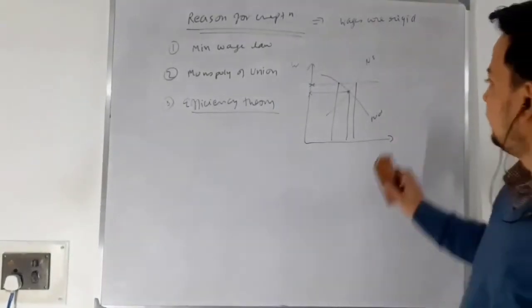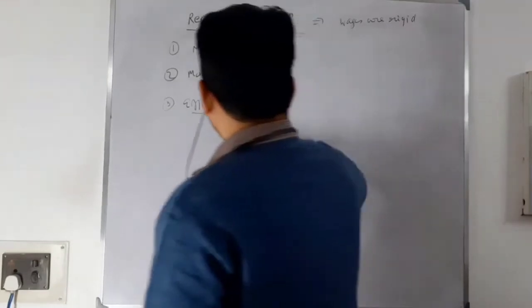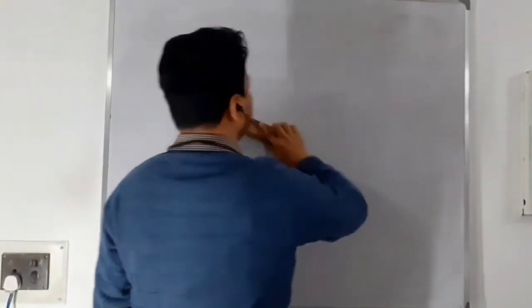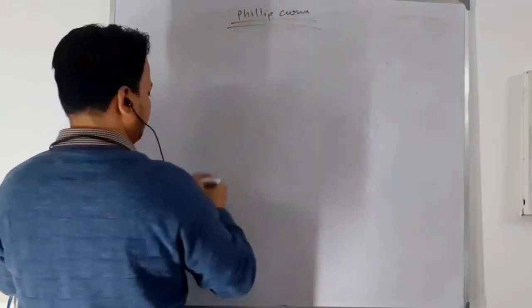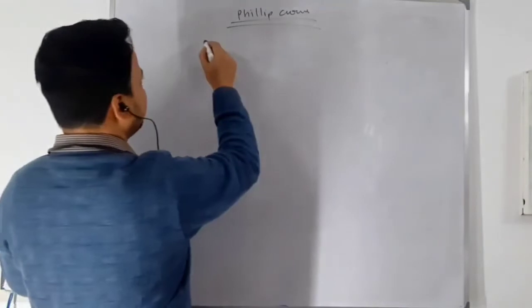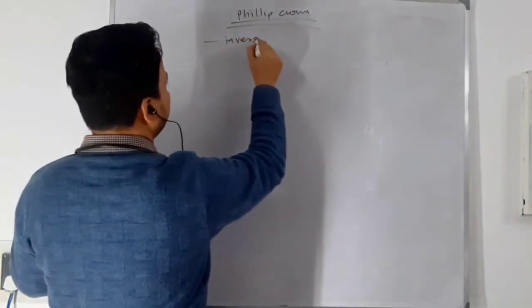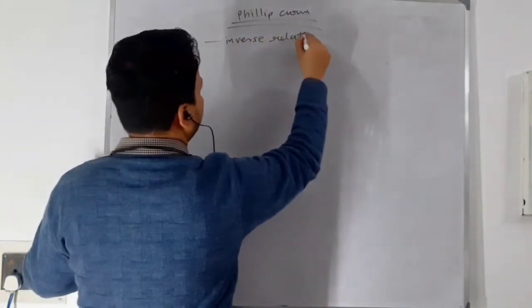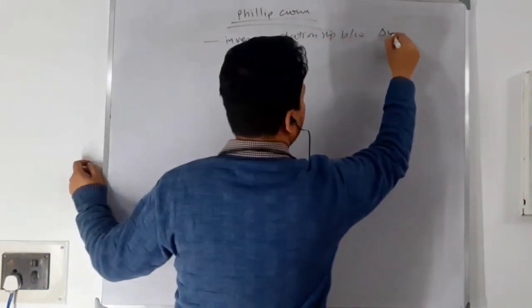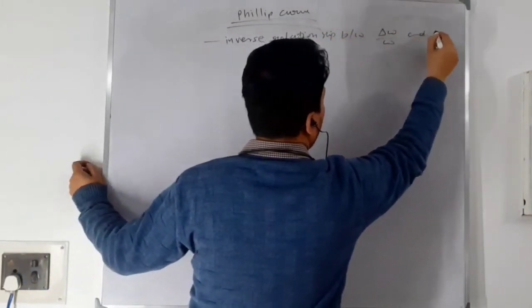Now, the next part I am going to talk about is the model for the Phillips curve. What does the Phillips curve show? It shows an inverse relationship between wage inflation and unemployment.